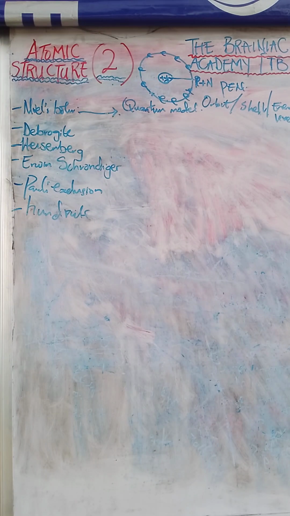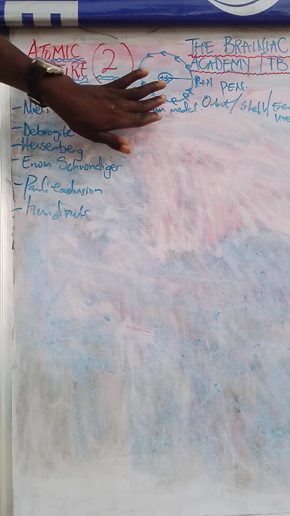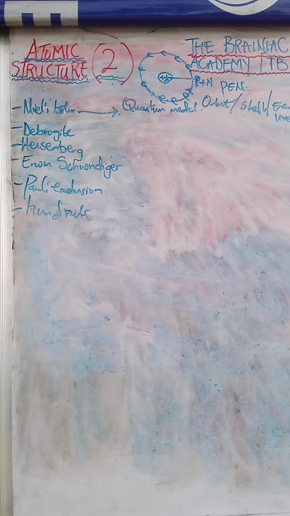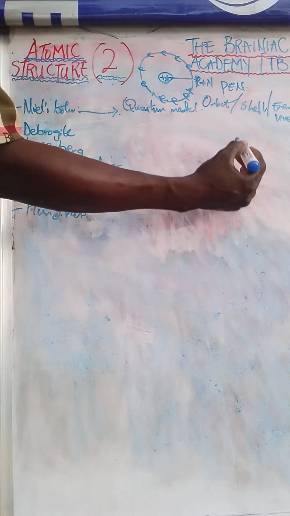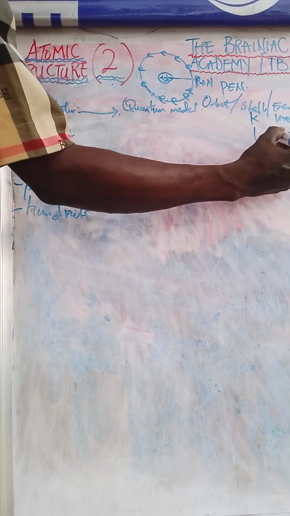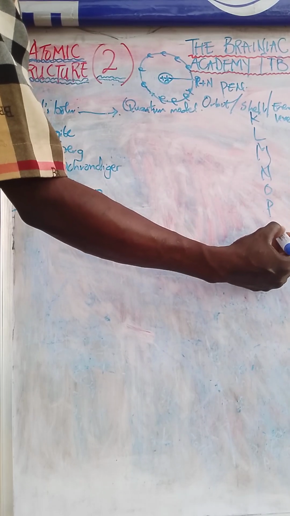Since it is located at the extranuclear part, it is actually going around your shell, and that's what brought us to the naming of shells, which is your K, L, M, N, O, P, Q, and so on.